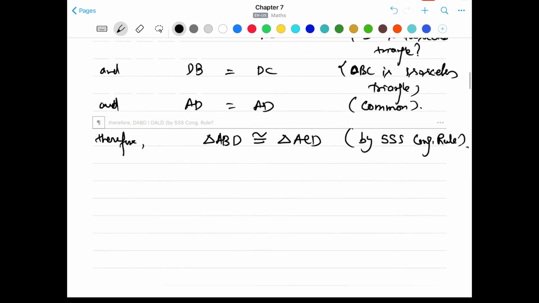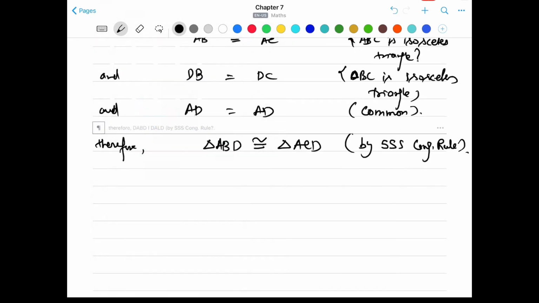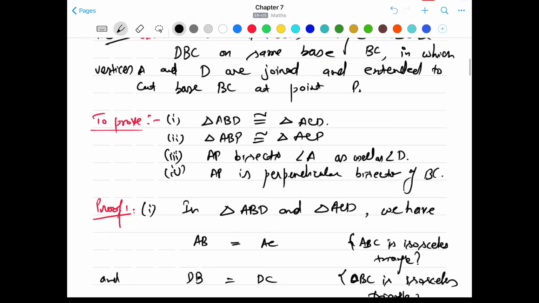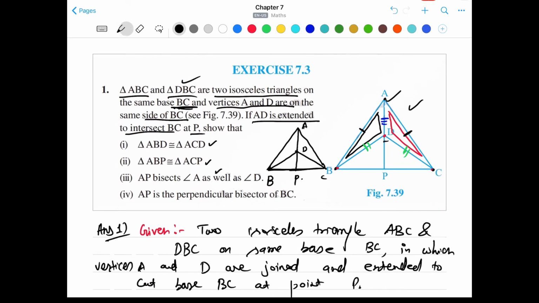Okay, so that's the proof of part 1 of question number 1. Now coming to the next part. Here we have to prove that triangle APB is congruent to triangle ACP. So let's erase these marks first.